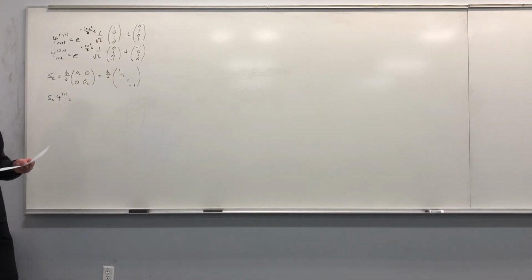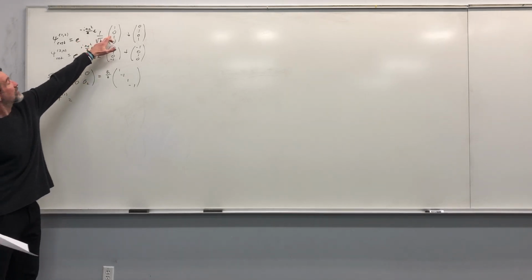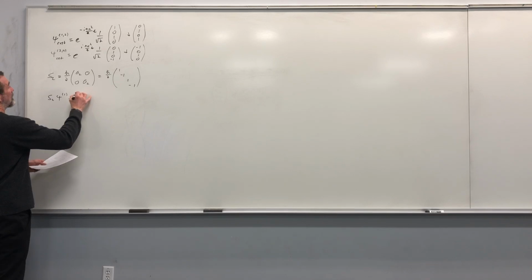Now, if we apply this to solution 1, what do I get? If I apply this matrix to this spinor right here, what do I get? You get the same spinor out, with a factor of h bar over 2.